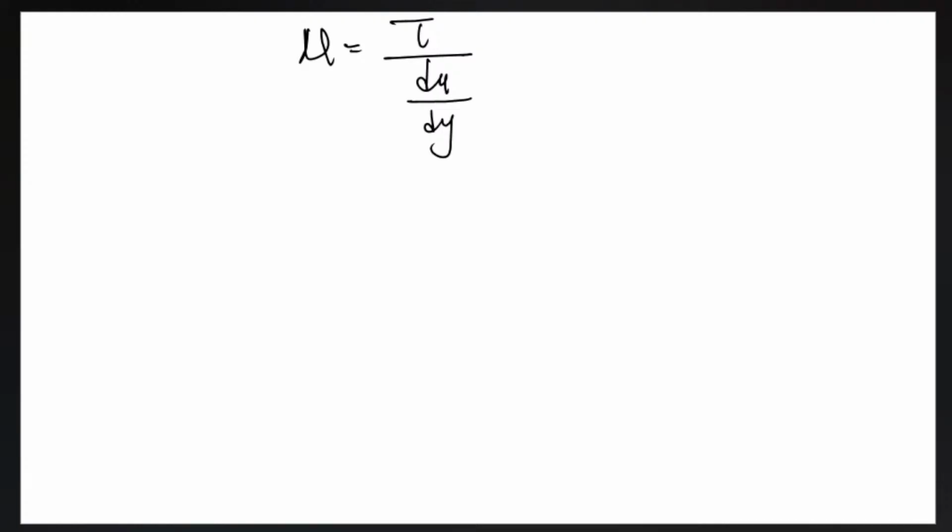Now we're asked to find this in poise, so we can call this x, and x is now equal to 9.167 times 10 raised to the power of -5 Newton seconds per meter square.